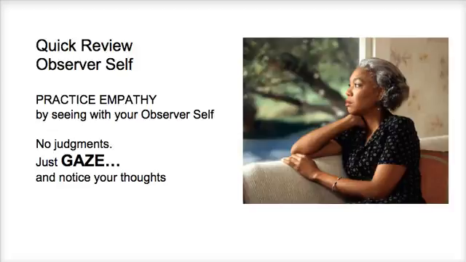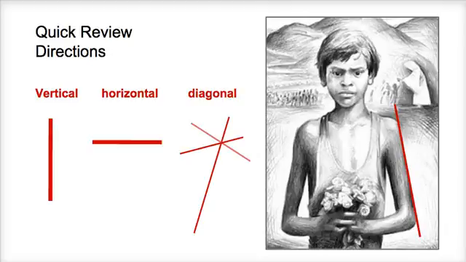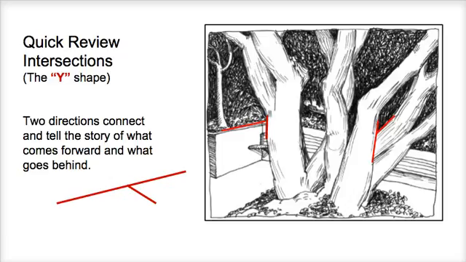I'm going to do a quick review of each of our lessons. The observer self. What is that? We're practicing empathy by seeing with our observer self and connecting with our world. No judgments when you look. Just gaze and notice your thoughts. And again, there are 3 directions that we look for in the visual world to draw. Vertical, horizontal, diagonal.